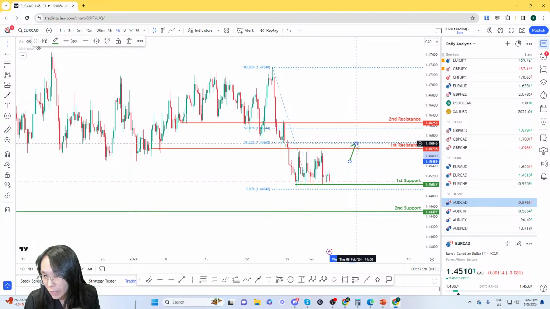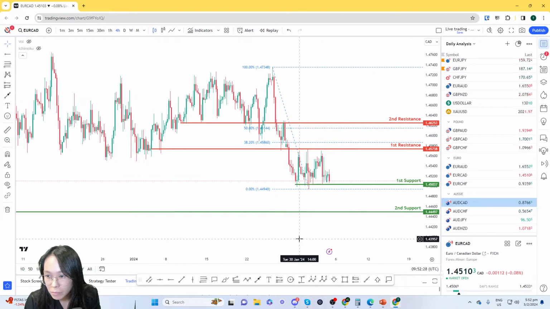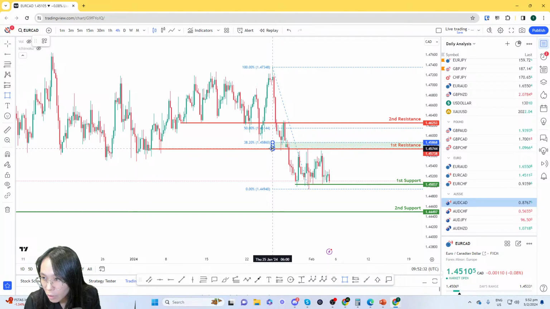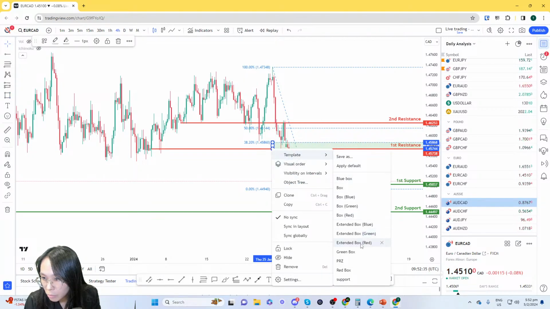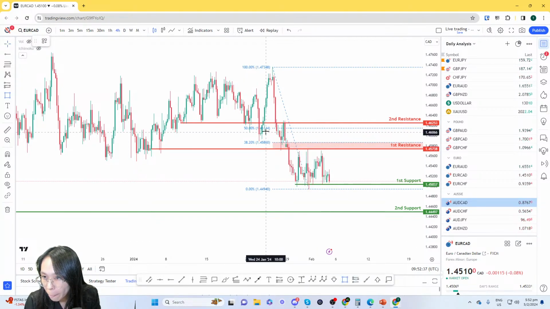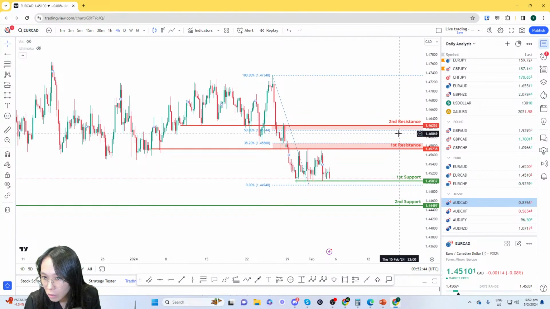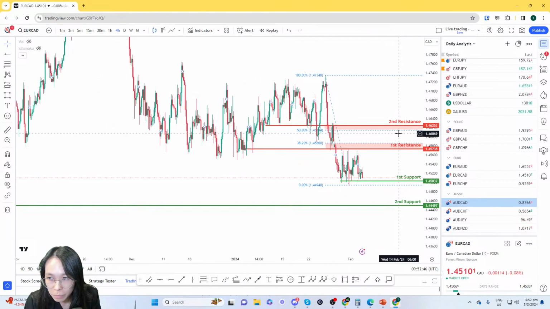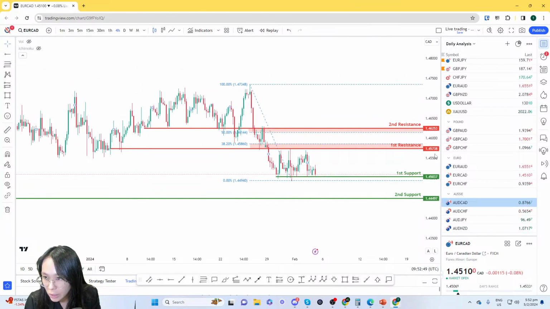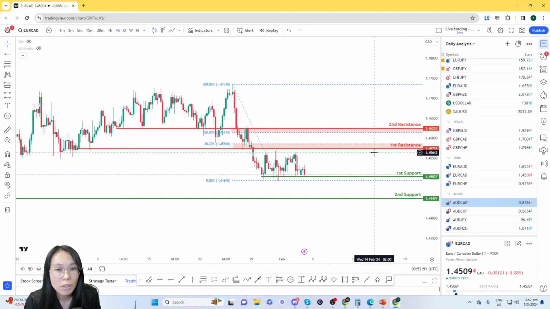And if it were to break out of the 38.2, it could rise to 50%. So this will be for the Euro dollar and Canadian dollar pair.